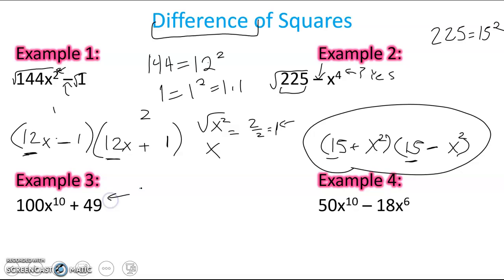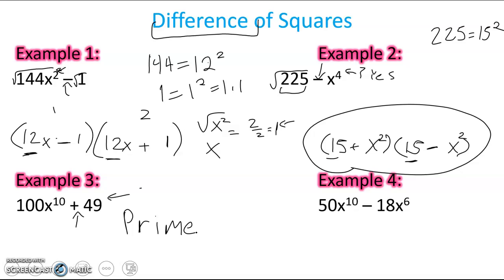Can't take out a GCF, and I already know I have my plus sign here. So I already know that I can't go any further with difference of squares. I might be able to see if I can do anything else factoring-wise, but as far as difference of squares goes, we're off the table. And we can't take out a GCF. We don't really know how to factor x to the 10th power, so we can just call it prime, okay, for that one right there.